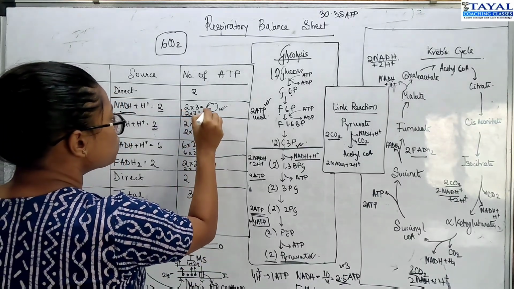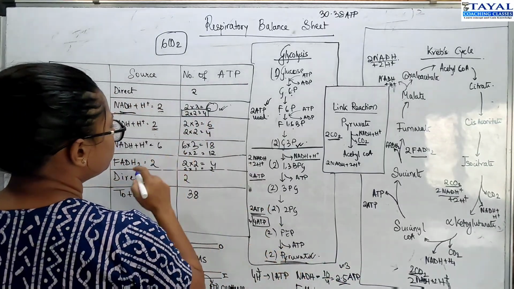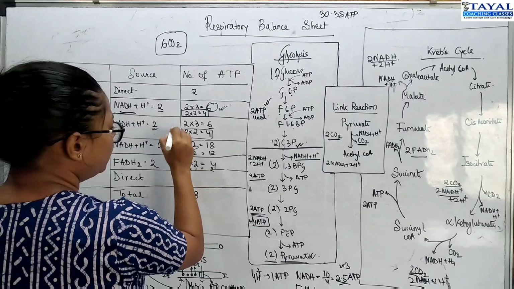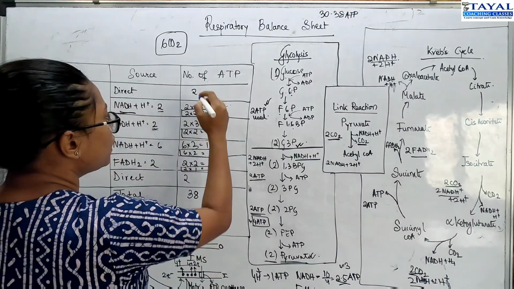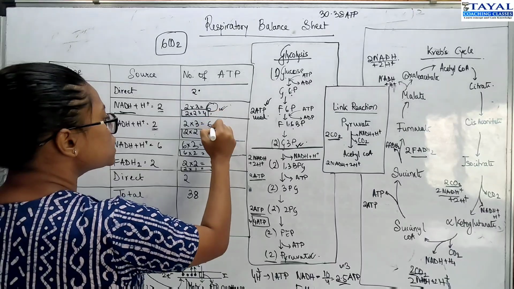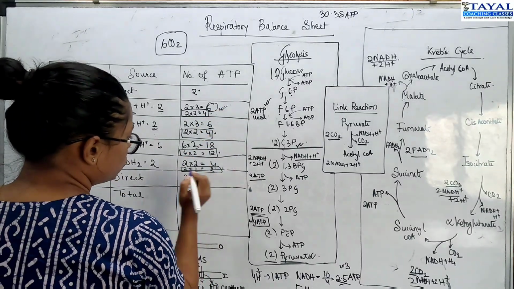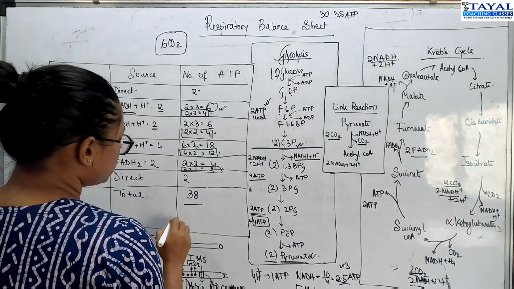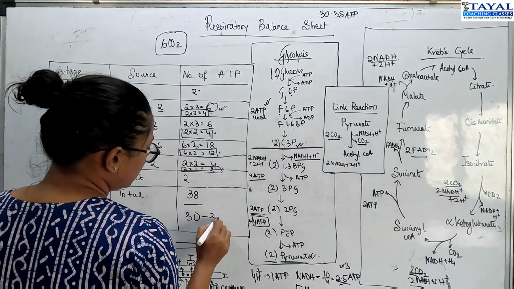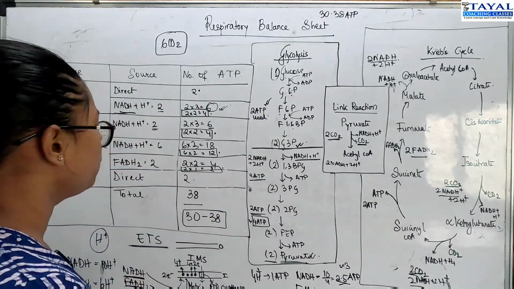So if we take the smaller boundaries, so if we take 2 instead of 3 and 1 instead of 2, so if we take the lower round offs, then the number would become 2 plus 4, 6 plus 4, 10 plus 12, 22 plus 2, 24, 28 and 30, right? So the variation then becomes 30 to 38 molecules of ATP.